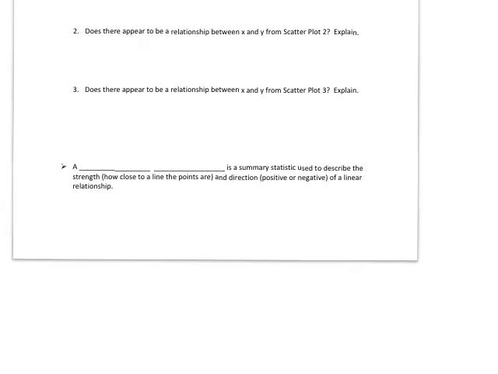So there is a summary statistic that we use called the correlation coefficient. A correlation coefficient is a summary statistic used to describe the strength and direction of a linear relationship.